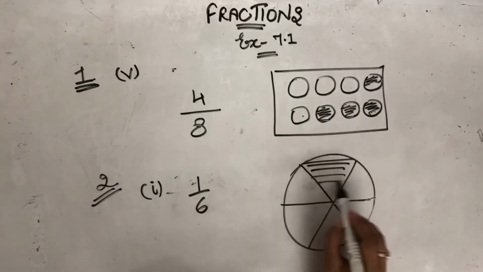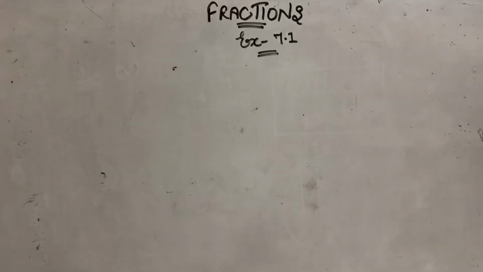Any one part you can shade. Identify the error. Now in these questions I've told you, when you have to find the fractions, you have to divide them into equal parts, and in these 3 figures the parts are not equal.